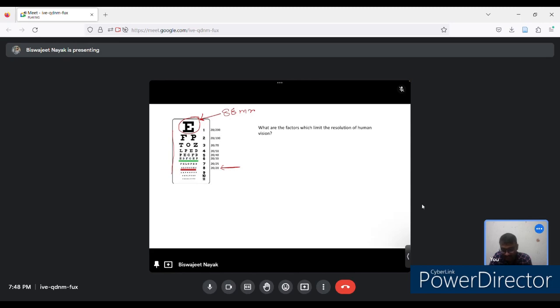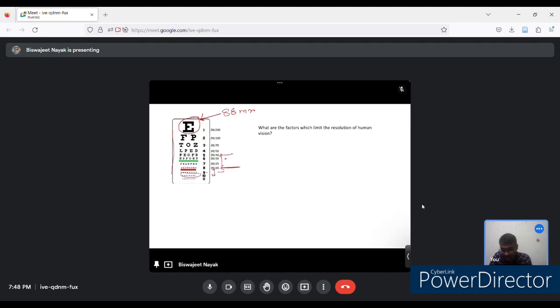If we are able to read this 20 by 40, then this signifies that we will be able to resolve the letters that a normal person sees at 20 feet. This is basically 2 rows up from the normal vision, and if we are able to read this one, this is 2 rows below.